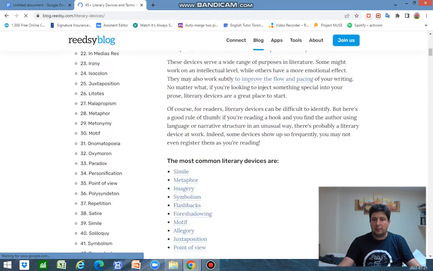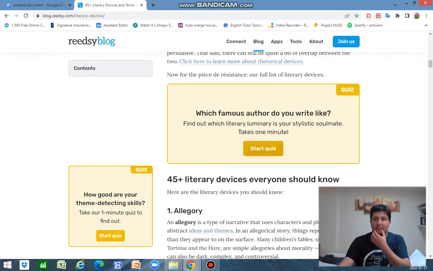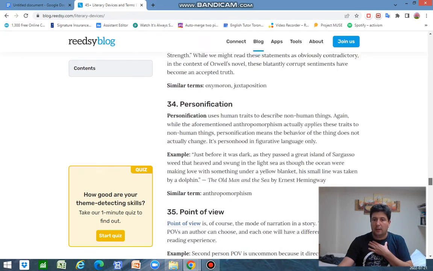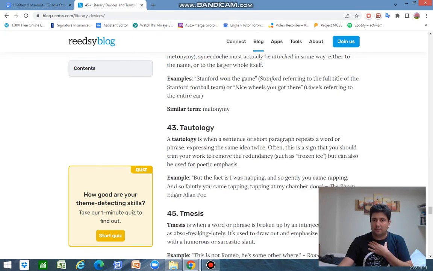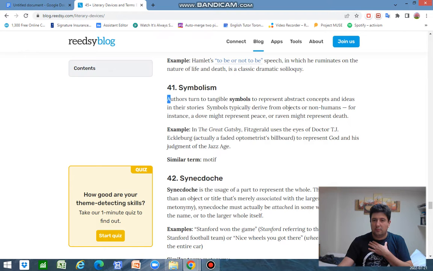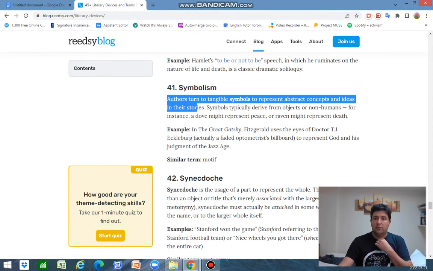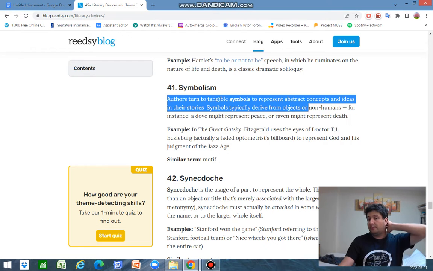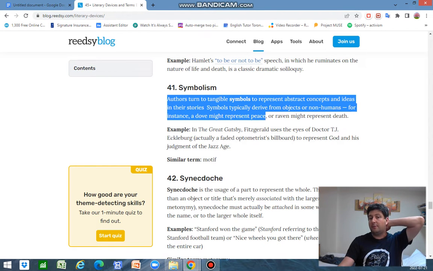Okay, let's do it like this. Symbolism. Authors turn to tangible symbols to represent abstract concepts and ideas in their stories. Symbols typically derive from objects or non-humans. For instance, a dove might represent peace, or a raven might represent death.